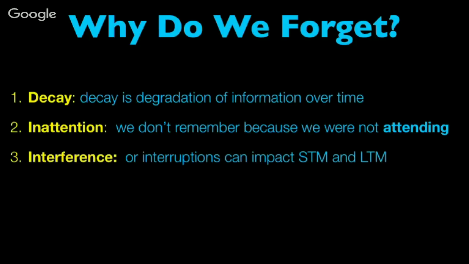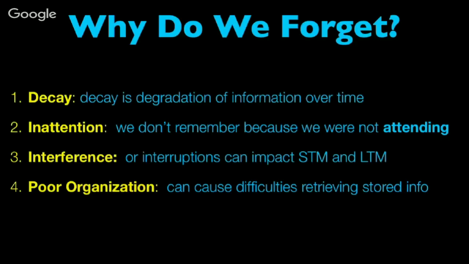But the actual process of storing or encoding information in long-term memory, if that's problematic, then you're not actually encoding the memory properly, and that's why it's difficult to retrieve. So there can be very many reasons why we forget information or can't retrieve it or recall it. Poor organization, that has to do with how we're encoding information. If we organize it poorly in the way we're assimilating the information, then again, there are difficulties retrieving that stored information.